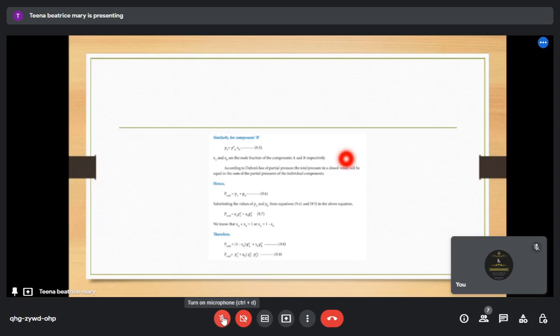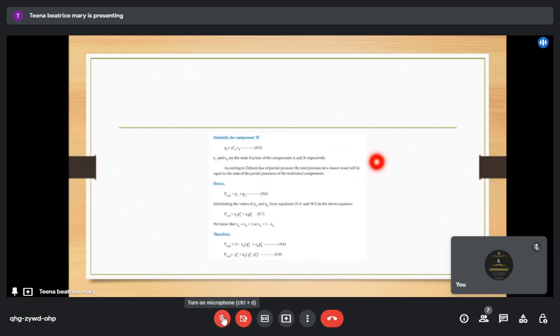According to Dalton's law of partial pressure, the total pressure in a closed vessel is equal to the sum of the partial pressures of the individual components. That is what Dalton says here.